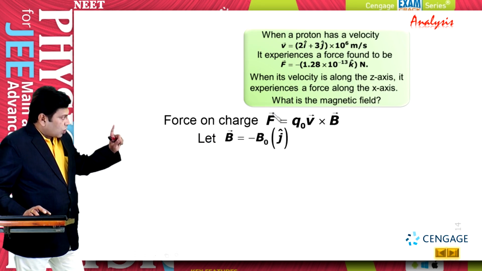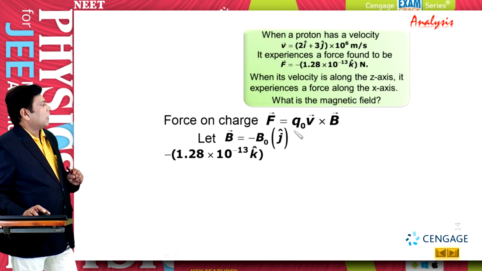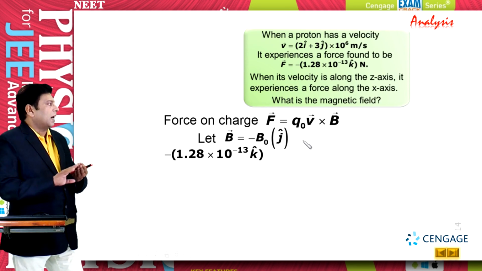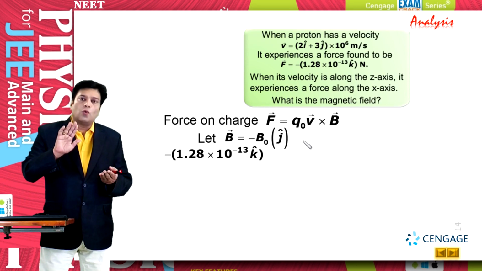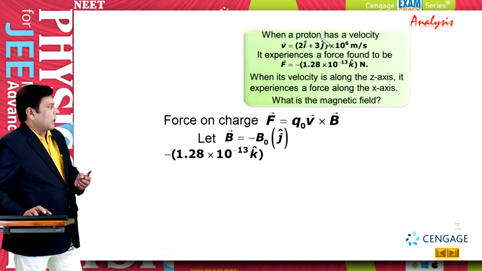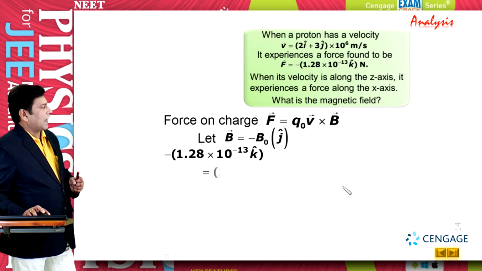Now we can substitute the value of F, that is equal to minus 1.28 into 10 to the minus 13 k cap, and Q naught equal to, because it was given a proton, the charge on the proton equal to 1.6 into 10 to the power minus 19 coulomb. And this velocity and magnetic field we can write in the cross product form like this.